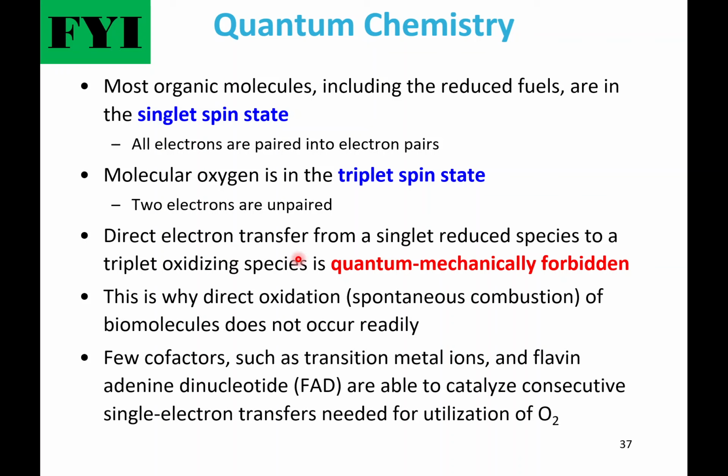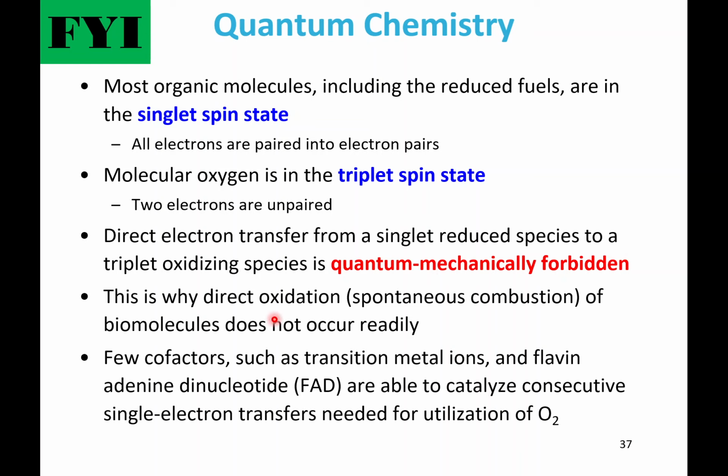Direct electron transfer from a singlet species to a triplet species is what's known as forbidden, or quantum mechanically forbidden. That doesn't necessarily mean it doesn't ever happen. It just means it's incredibly slow.